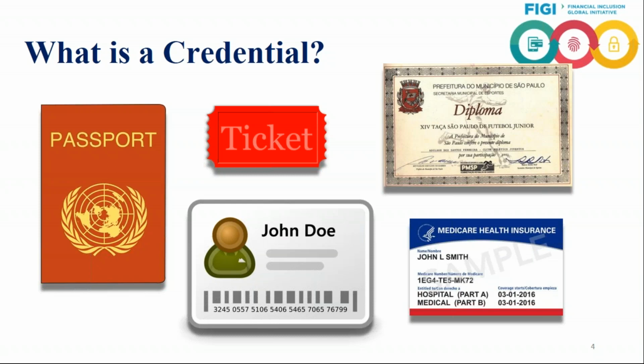A movie ticket is not an identity credential. It's a credential that lets you get into a movie. So that's the thing to bear in mind. These are a new way to digitally watermark data to allow you to check it's authentic. And that data could be anything. It could be an X-ray scan. It could be a picture of your cat.